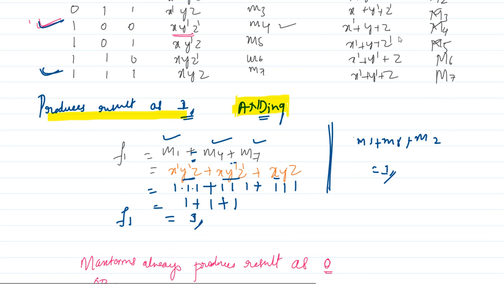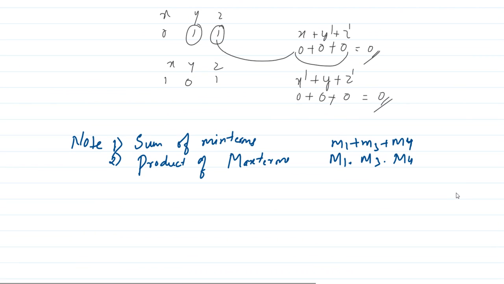You will get the result as 0. So I can write function 1 equals this and function 2 equals this. One will produce the result 0, the other will produce the result 1. This is all about min terms and max terms. In the next class, we will discuss the sum of min terms and product of max terms. Okay, thank you.